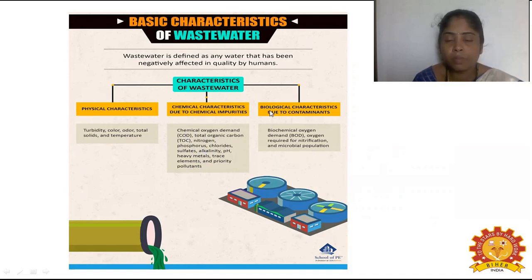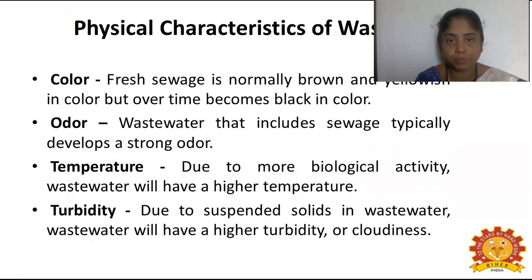The next one is biological characteristics, purely due to the presence of microorganisms in the wastewater. We are going to study BOD, the biological or biochemical oxygen demand required by a microbial population.